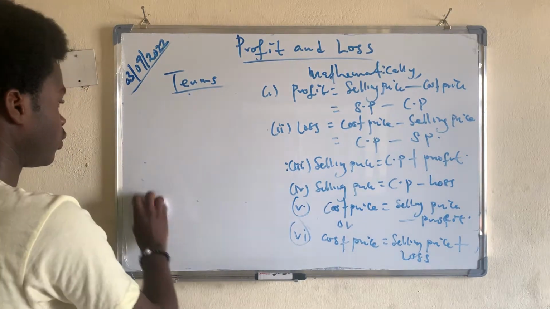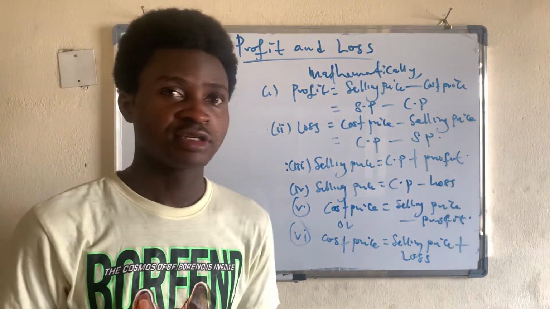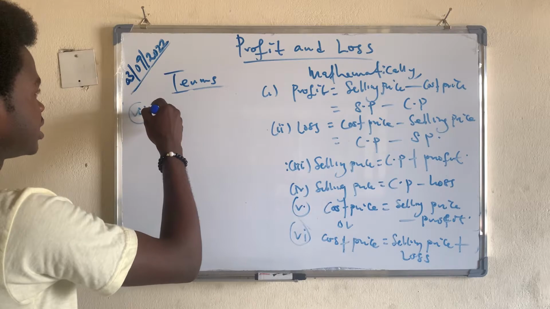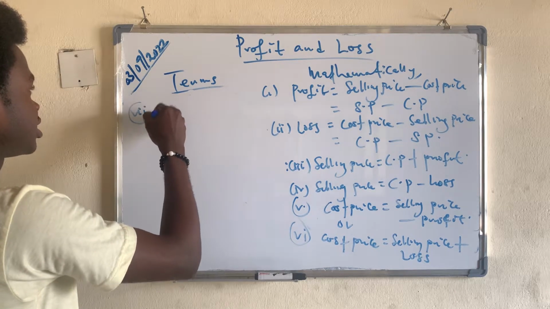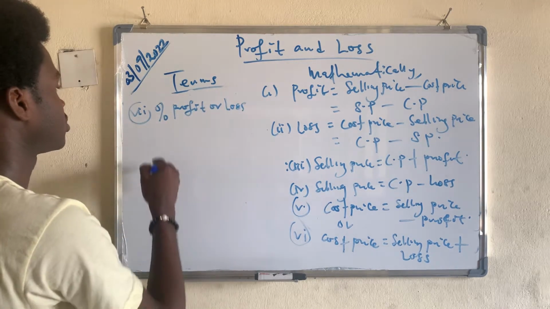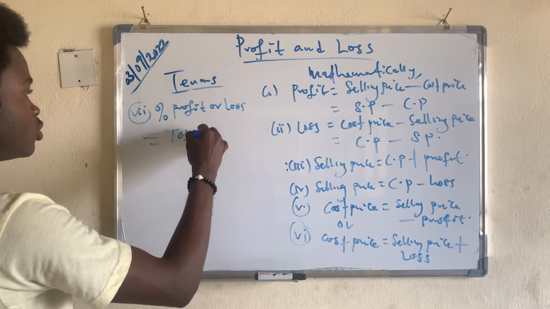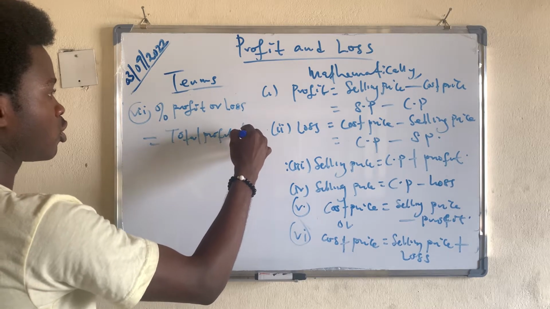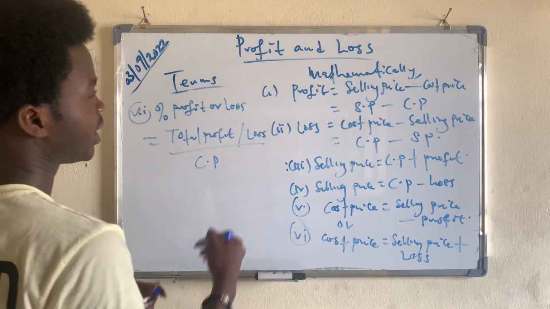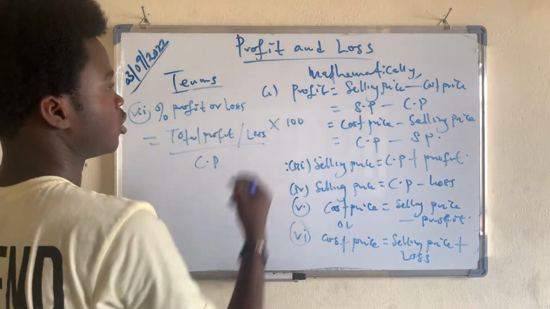If we are to find profit percent, we know that our percentage profit or percentage loss is simply your total profit or loss over the cost price, multiplied by 100.